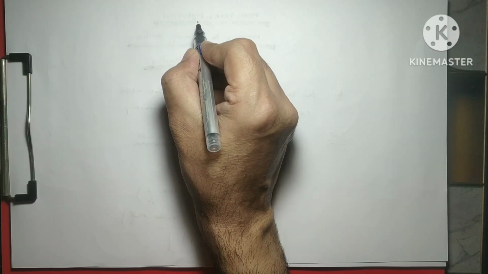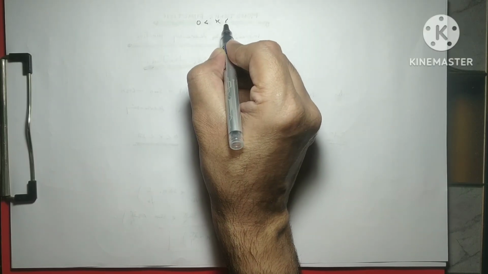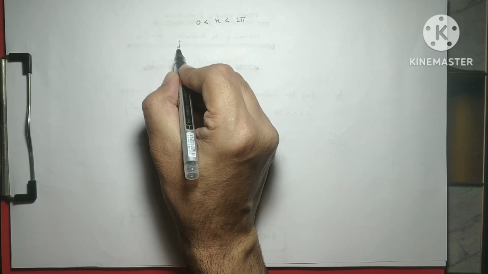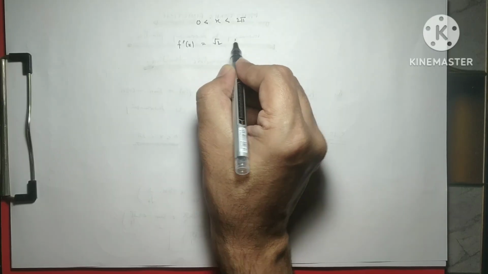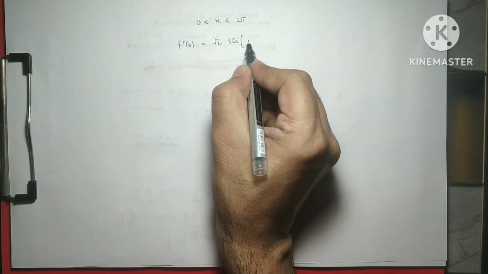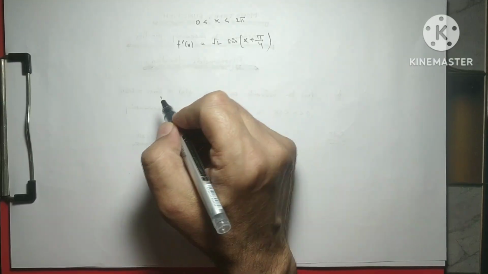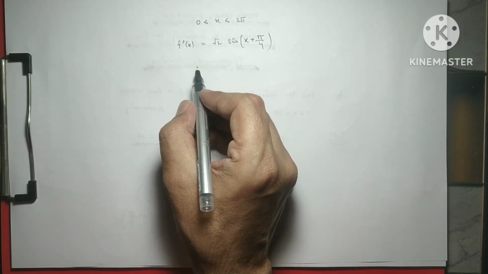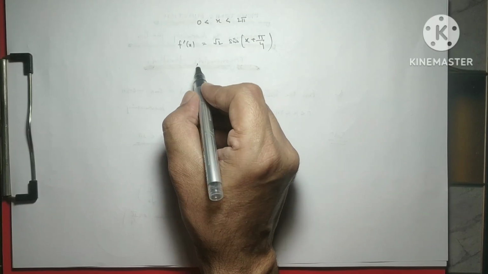As f dash x is root 2 sin (x plus pi by 4), the angle is x plus pi by 4, so we will add pi by 4 to these values.